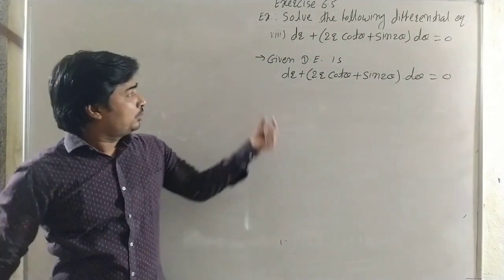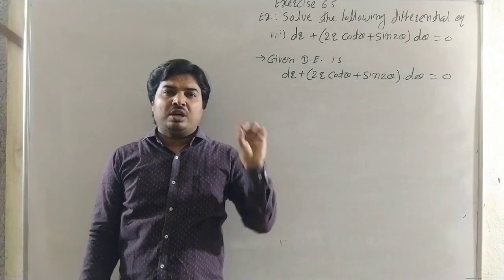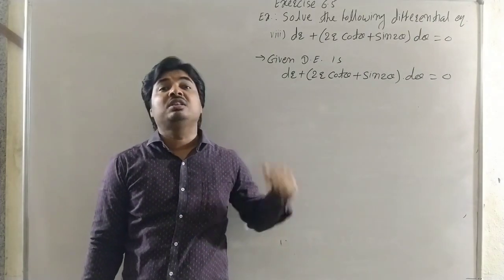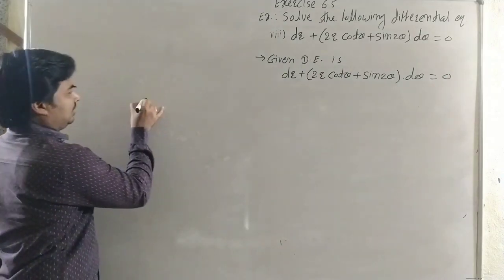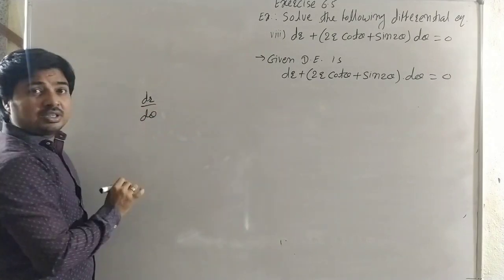Here the differential coefficients are dr and d theta, so we write the differential equation in the form of dr/d theta or d theta/dr. When we write dr/d theta, then it is a differential equation in r.